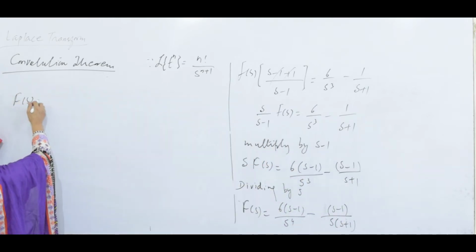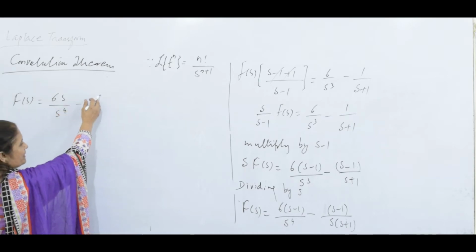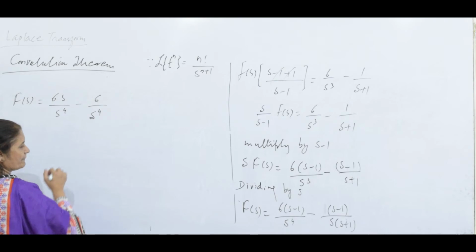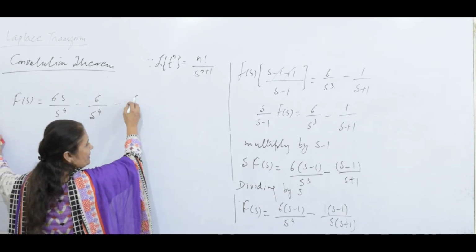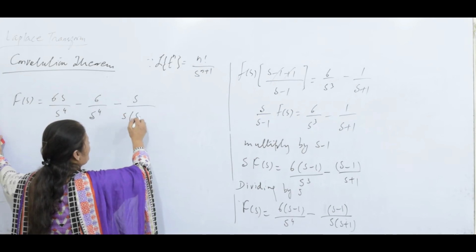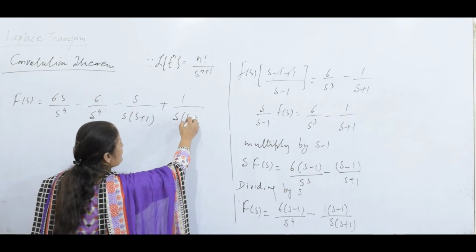F of s is equal to 6s over s4 minus 6 over s4 minus s over s into s plus 1 plus 1 over s into s plus 1.